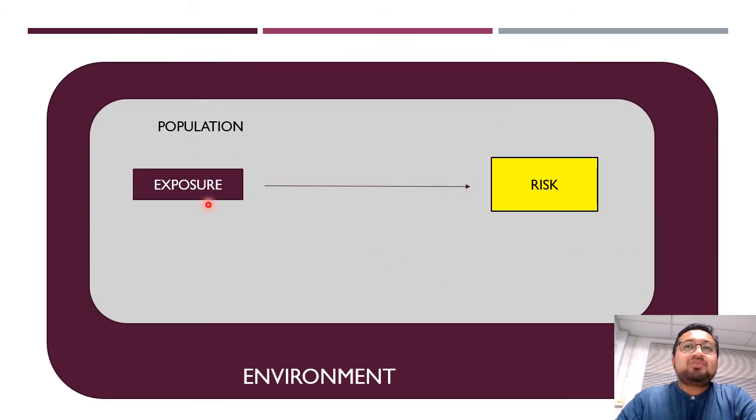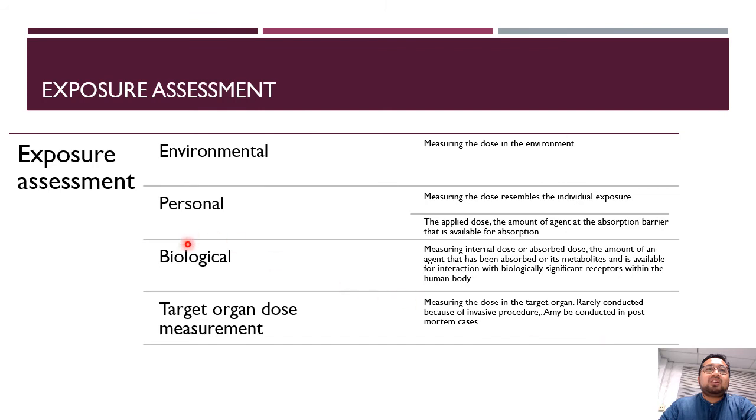Alright, so exposure ni okay boleh jadi risk, risk can lead to disease. Okay, so exposure assessment, exposure ni boleh berlaku dalam bentuk environmental exposure. Kalau kita nak assess exposure atau assess risk tersebut dalam environment, kita boleh measure dose dekat environment tu lah. And then it goes to personal. Personal ni measuring the dose resembles the individual exposure.